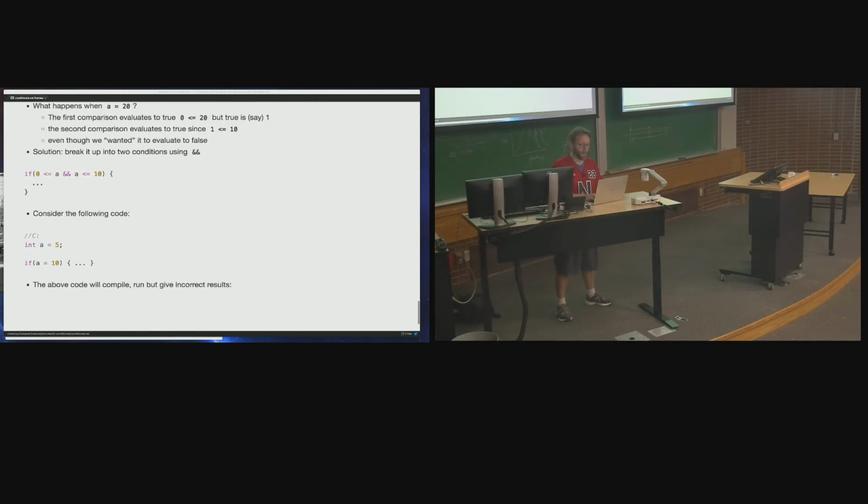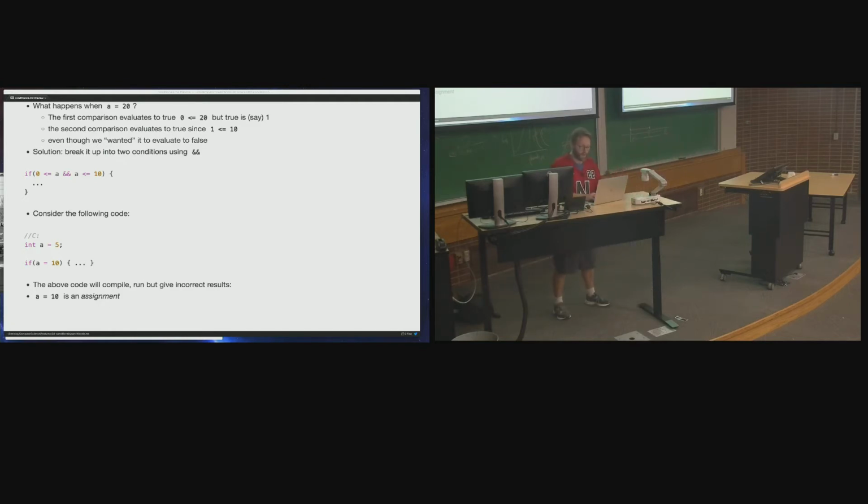Why? A equals 10 is what we call assignment, right? We're assigning the value of 10 to a. In other words, we're changing it. Up above, we set it equal to 5, which is not equal to 10. So we would not expect that code block to execute. But what we're doing in that conditional statement is assigning 10 to a. Well, what is 10? 10 is true because it's a non-zero value.